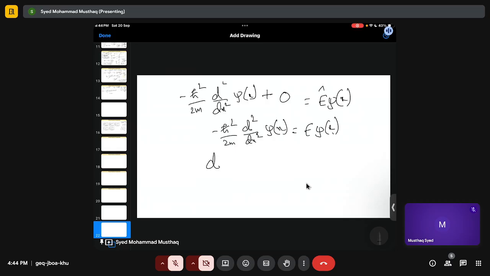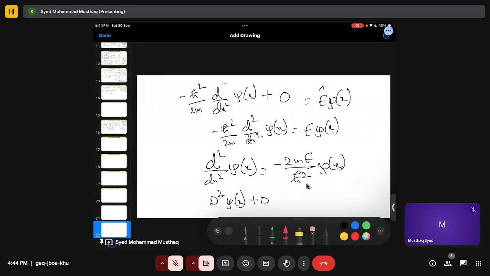Now if I write del square upon del x square psi(x) plus 2mE upon h cut square psi(x) equals 0, we know this looks like a differential equation, with just a constant.